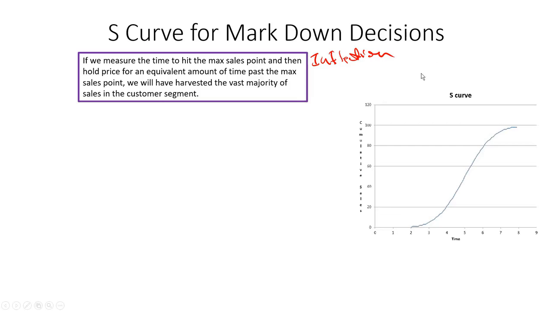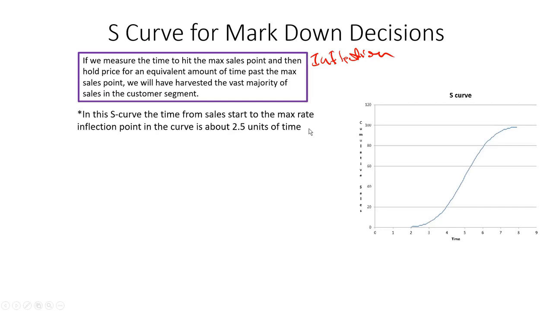So here's our S-curve again. And so what we're saying here is, in this S-curve, the time from sales start to max rate, or the inflection point in this curve, is about 2.5 units of time. So here's where we start. Here's the inflection point, and this represents about 2.5 units of time.